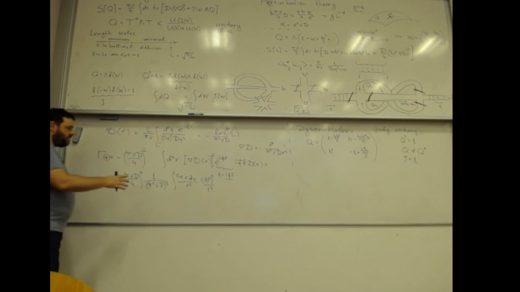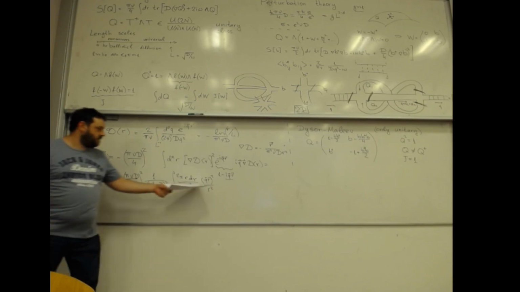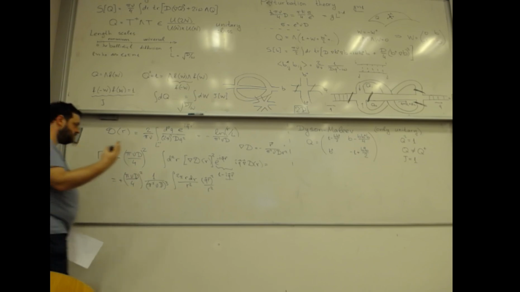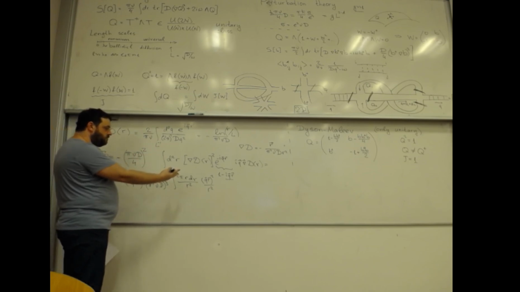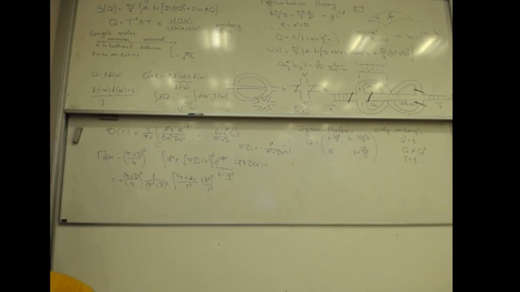Okay, and the final thing to do is to average the directions of R. I have this QR squared. When I average, I get, in 2 dimensions, one half Q squared R squared over 2.